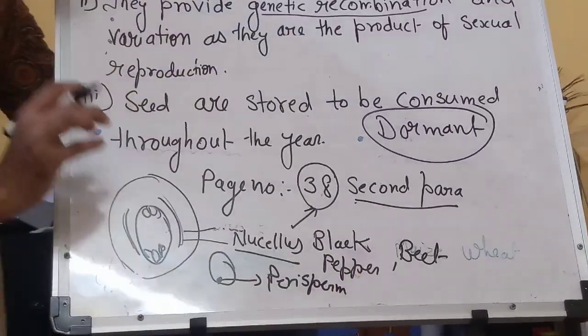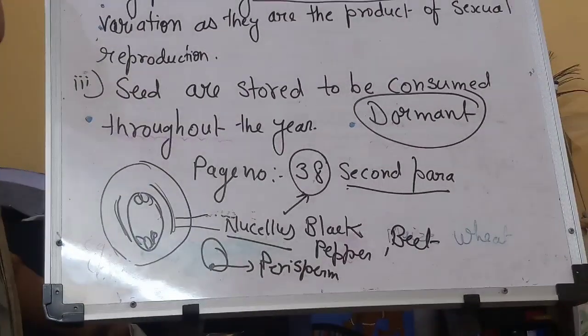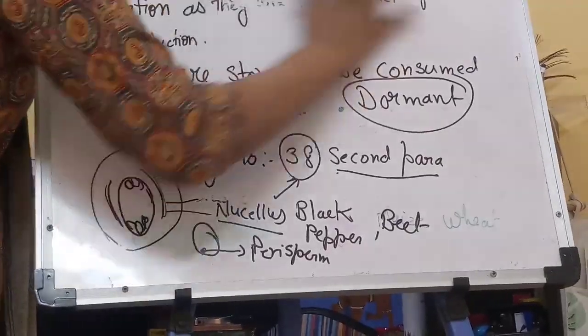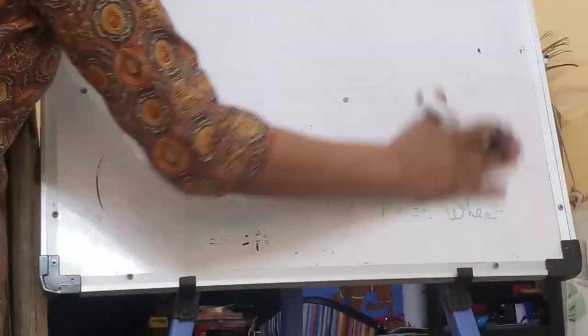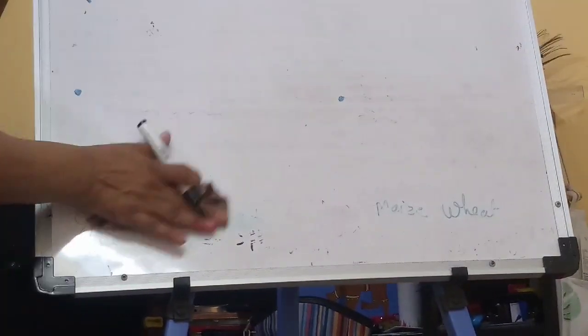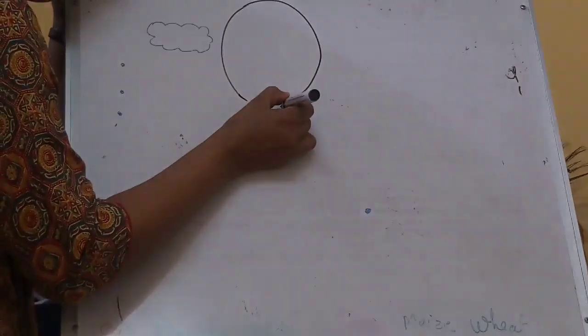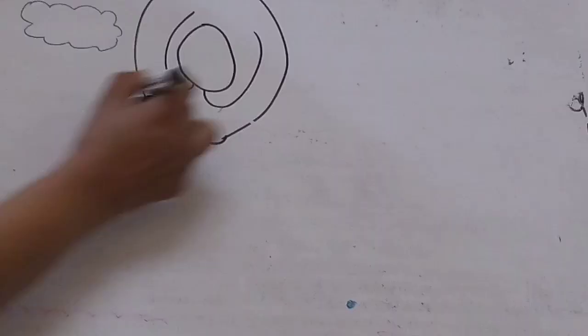We will see the things related to perisperm and pericarp. But first, again, let me make you clear about perisperm and pericarp. I am going to draw it properly so you will get a proper idea. This is an embryo sac, this is an integument, micropyle region.